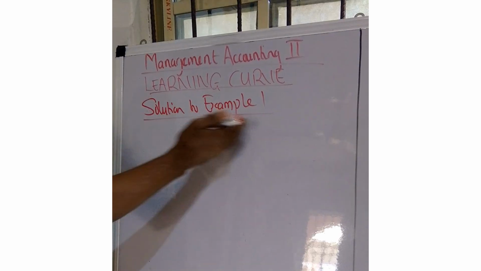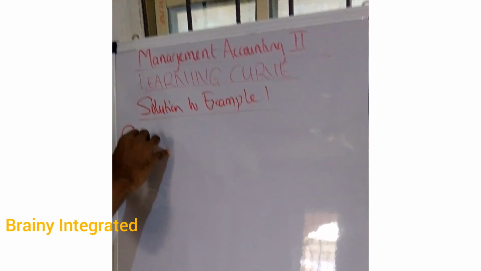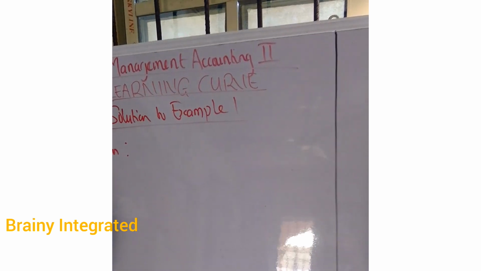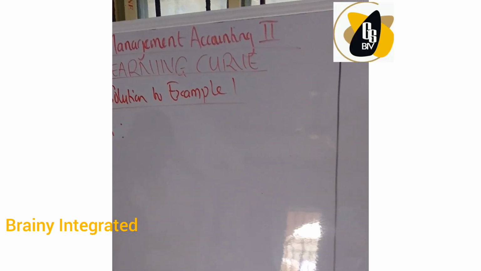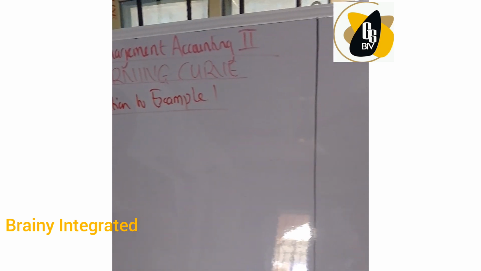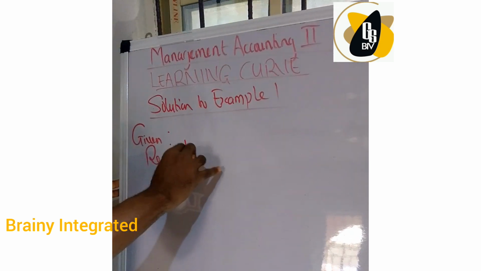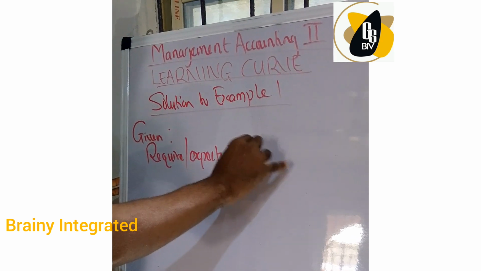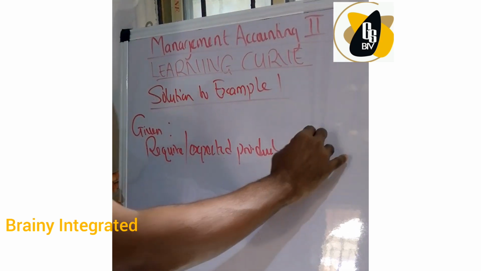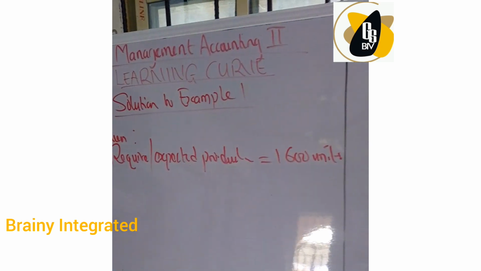Now, solution to example 1. Now, we are given in the question, what are the things that we are given? The first thing that was given is required production. Required or expected production is equal to what? 1,600 units.